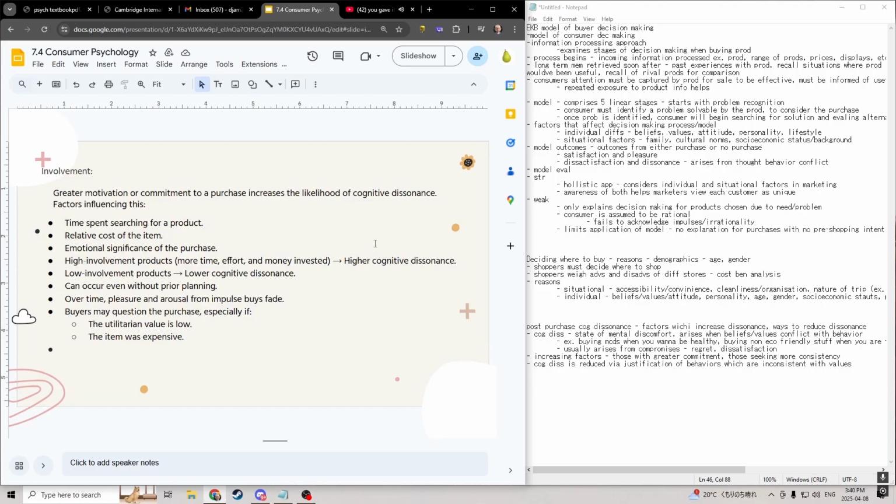Involvement, greater motivation or commitment to a purchase, increased likelihood of cognitive dissonance.